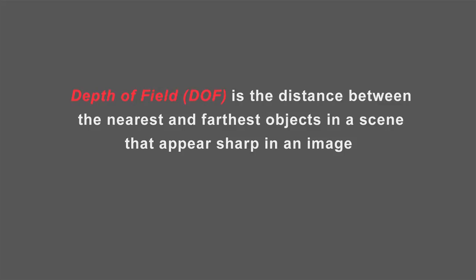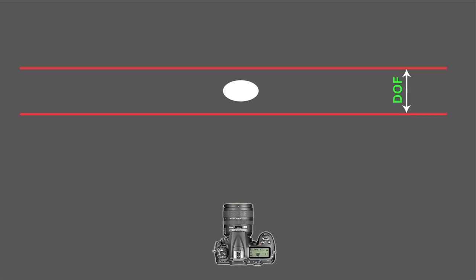Depth of field is the distance between the nearest and furthest object in the scene that appears sharp or in focus in an image. In this diagram, the white oval represents our subject. As we focus on it with our camera, everything between the red lines will appear in focus.